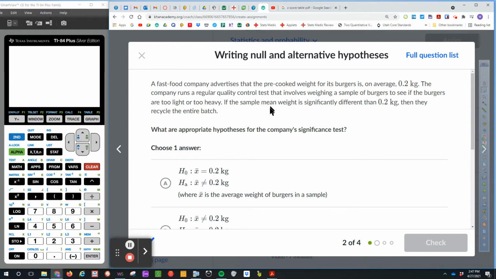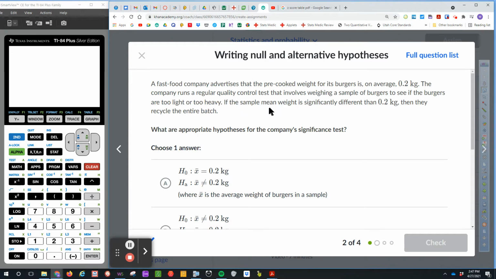So let's read this. A fast food company advertises that the pre-cooked weight for its burgers is on average 0.2 kilogram. The company runs a regular quality control test that involves weighing a sample of burgers to see if the burgers are too light or too heavy.